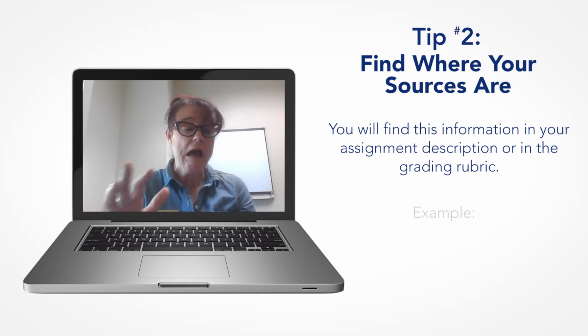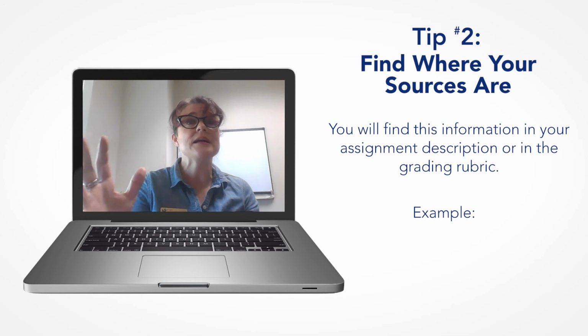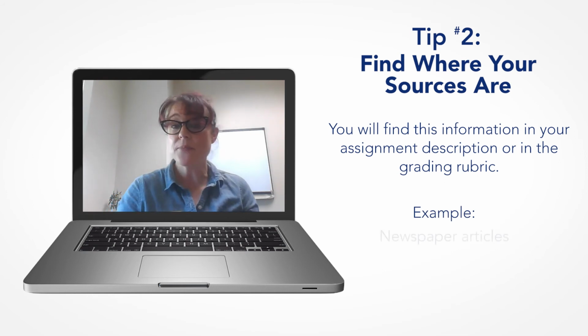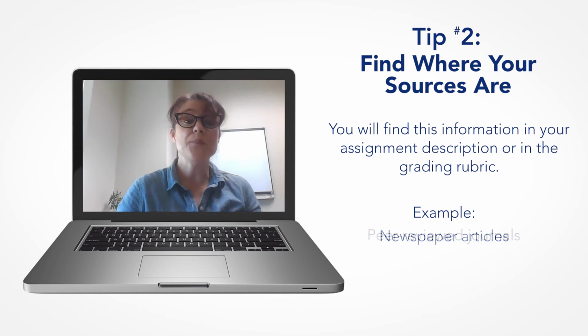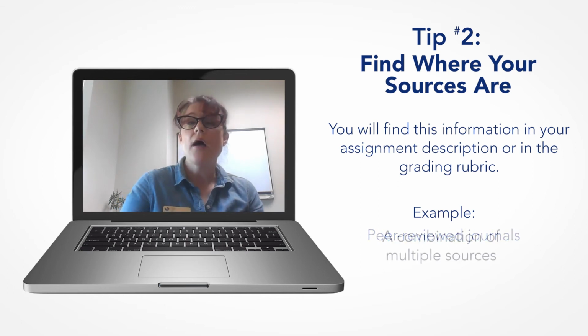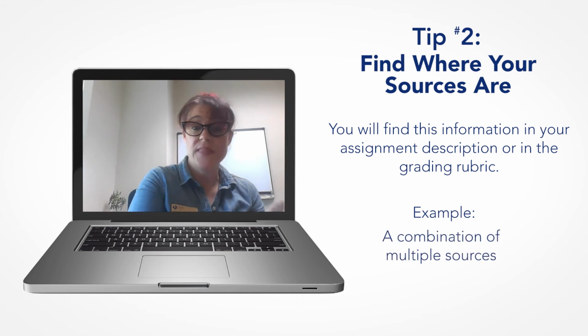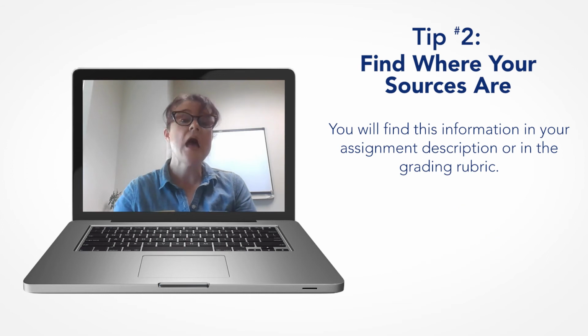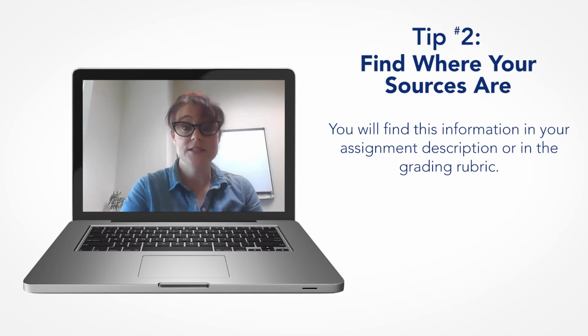It'll be either that you're doing something about local information and you need to use newspaper articles, or you need peer-reviewed or scholarly sources. Do you need a couple of books, then a couple of newspapers, and then a couple of peer-reviewed articles? You'll find all of that information in that assignment description. So know what you're looking for.